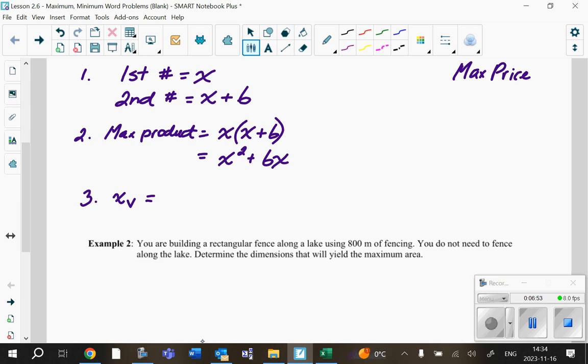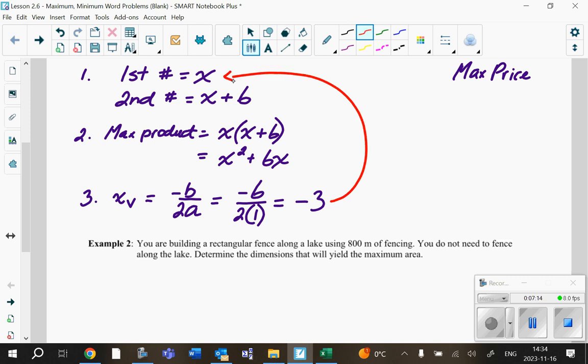And how do we do that? Negative b over 2a, which works out to negative 6 over 2 times 1, which is negative 3. And didn't we just find x at the minimum? Which means we just found this. One of the numbers has to be negative 3. What's the other number?